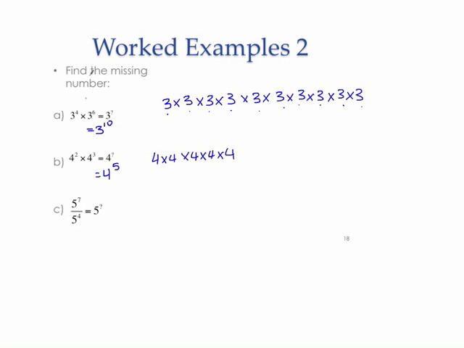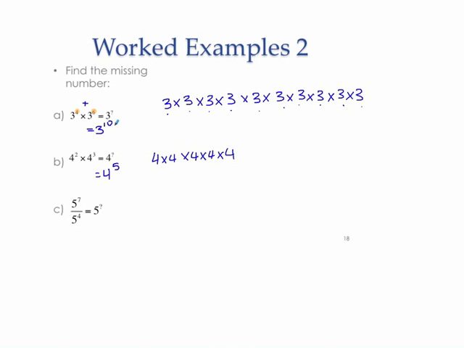Okay, for the first one, you can see that I've got my 3 to the power of 4, so there's my 4, and then I've got 3 to the power of 6. If I add those two powers together, then that gives me 4 plus 6, which is 10.